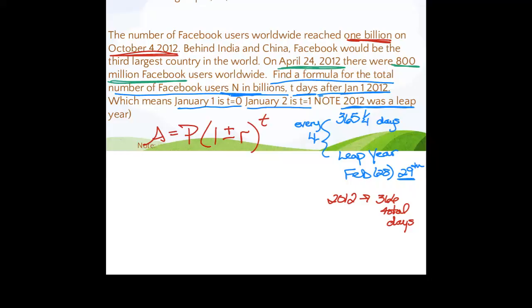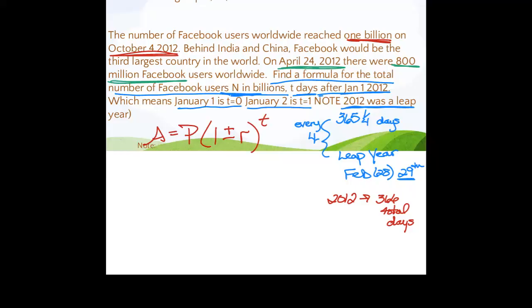The number of Facebook users worldwide reached 1 billion on October 4th of 2012. Just Facebook users, okay? 1 billion, October 4th. Behind India and China, Facebook would be the third largest country if we were looking at the number of Facebook users. We're not saying that's the number in each country though, okay?